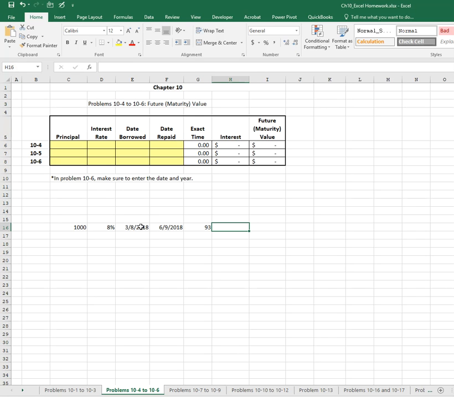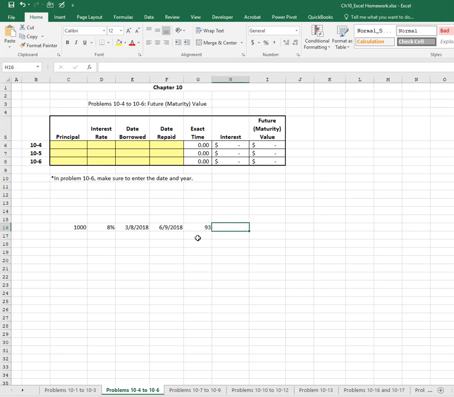Okay, so it's 93, think of this as 93 over 360, a percent of the year that we had this loan. That makes sense, right? Because it was March, April, May, June, 3 months, and that is 1/4 of the year. So you'll see as we do this calculation, it's about 1/4 of the year.